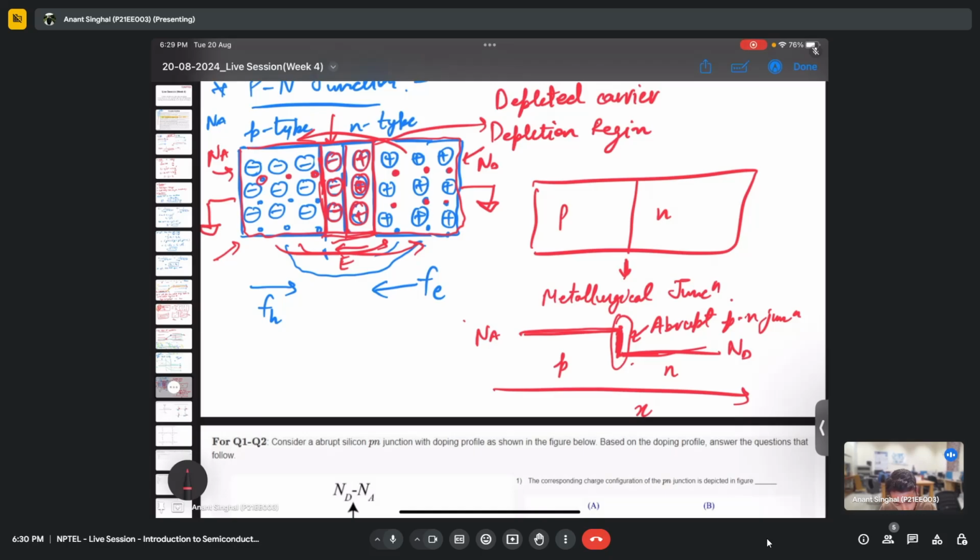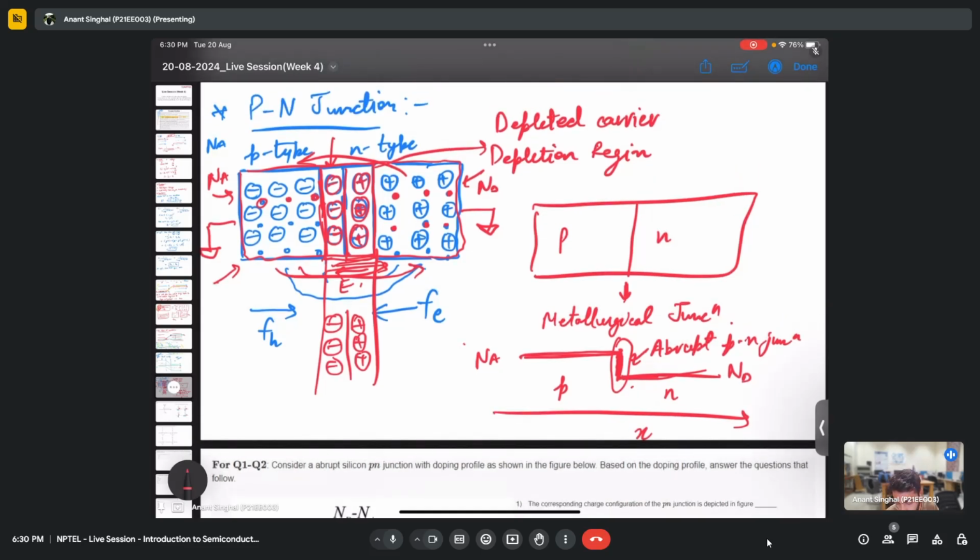Because this region of net positive and negative charge ions near the junction is completely depleted of any mobile carriers, so we only have some negative and some positive ions here. That is why we are naming it the depletion region. Does it make sense? Is there any doubt in this particular thing?